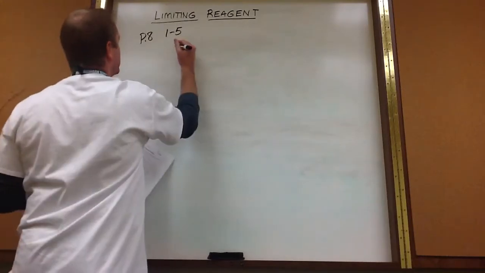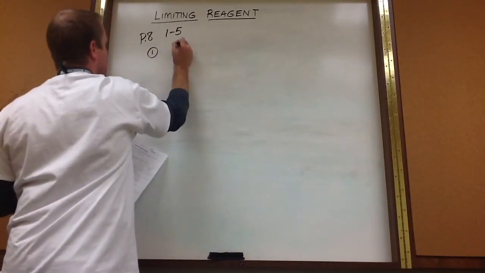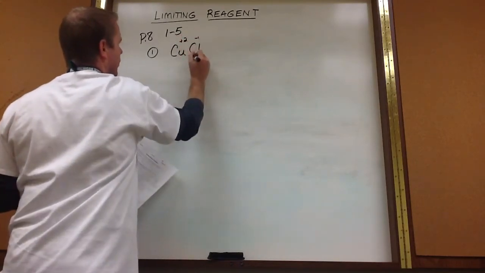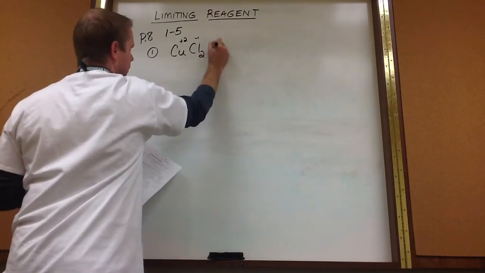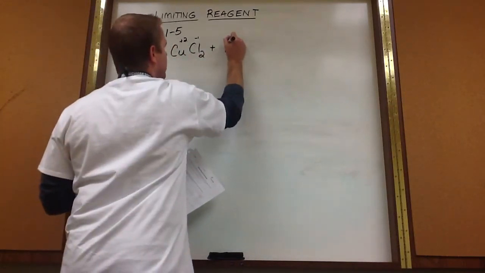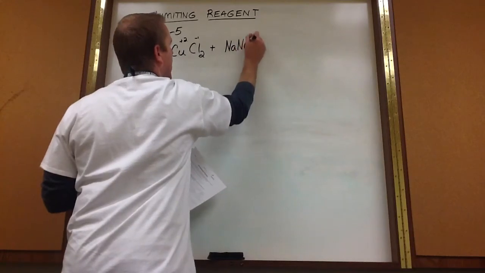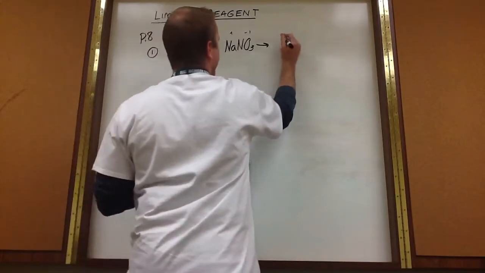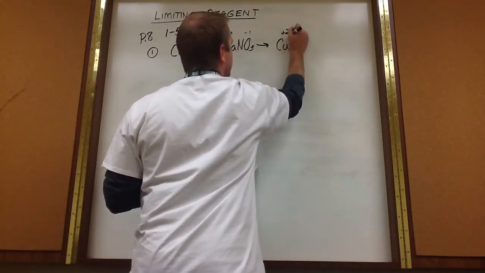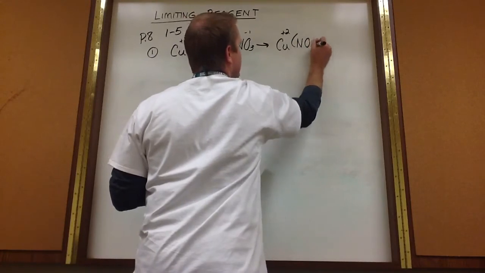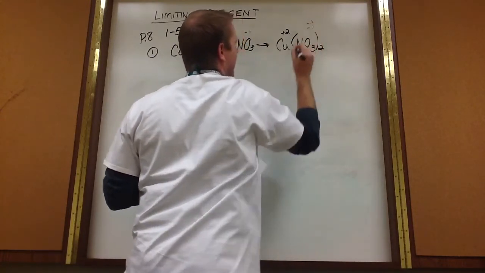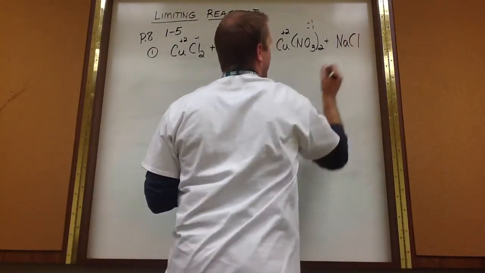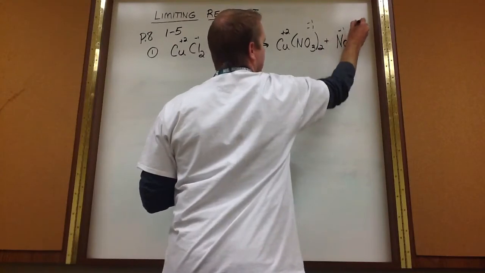For number 1, Cu, Cl is minus 1, therefore it is CuCl2, plus sodium nitrate, NaNO3, plus 1 minus 1, reacts to give copper, still version 2, nitrate, which is NO3, and the reason I'm saying I need 2 of them is because of the minus 1, and NaCl, right? Plus 1 minus 1.